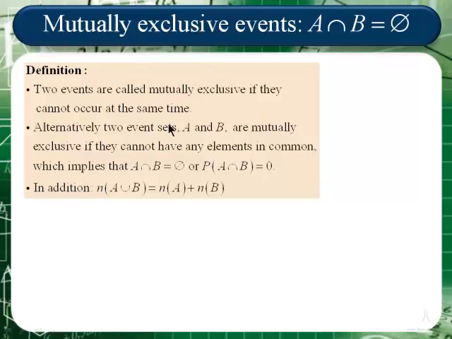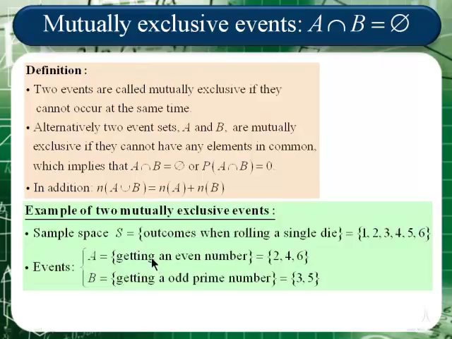So I want to look at this simultaneously while looking at a specific example. Now the specific example of two mutually exclusive events is this example where the sample space is the outcomes when rolling a single die, and the events being getting an even number and an odd prime number.